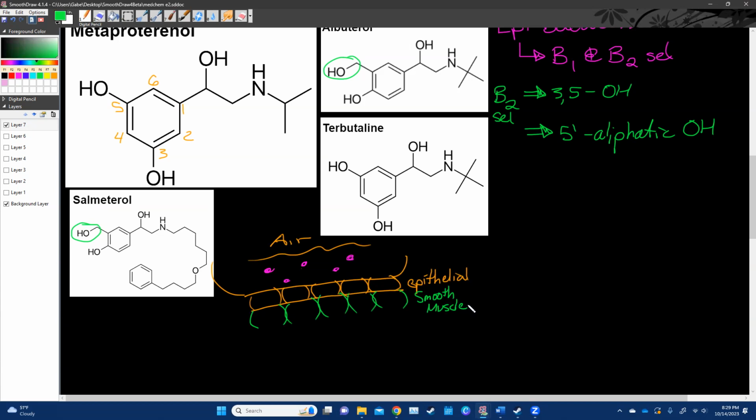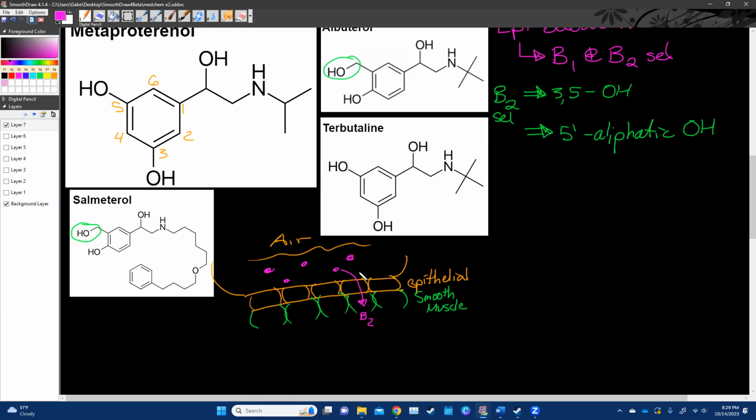The smooth muscle. So in order for this drug to get through, it has to pass all the way through one whole cell in order to then pass into a second cell to get to the beta 2 receptor, which is a really, really big task.